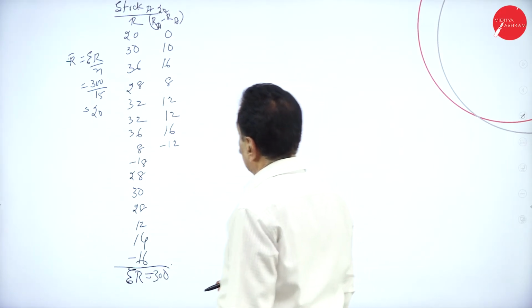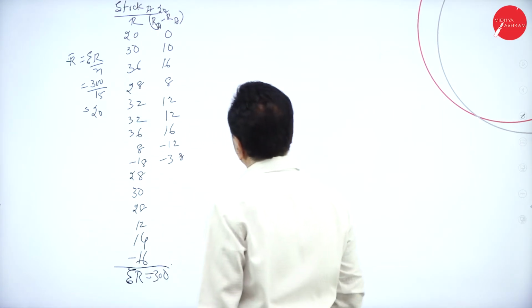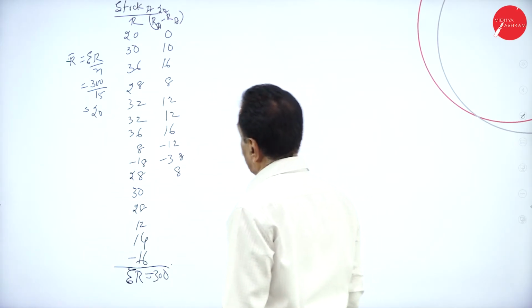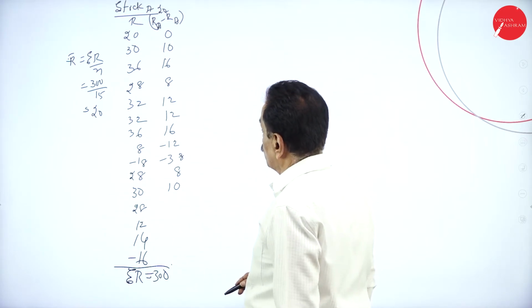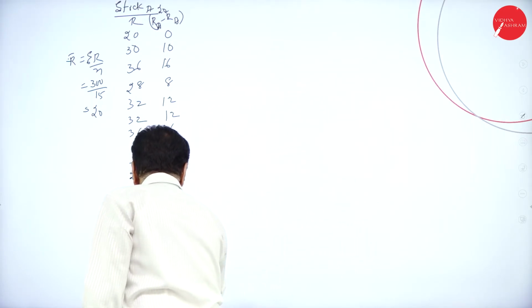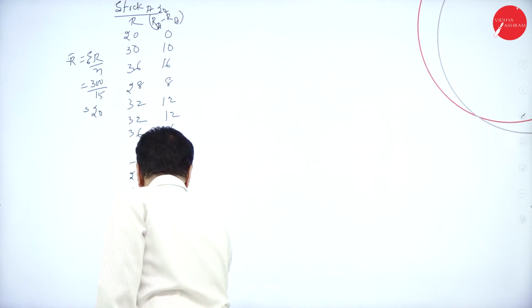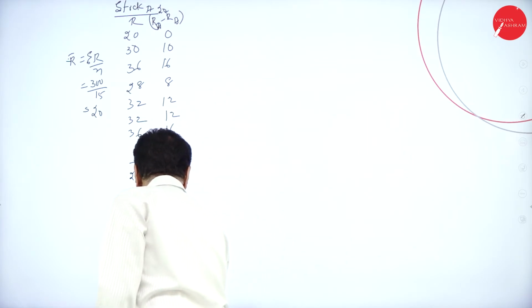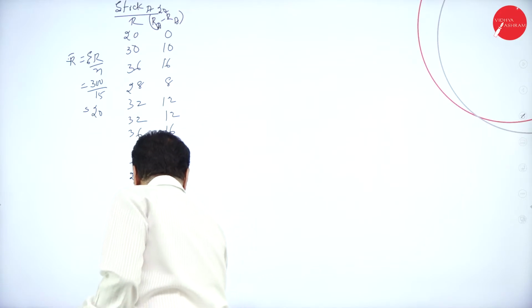Minus 18 minus 20 is minus 38. 28 minus 20 is 8. 30 minus 20 is 10. 28 minus 20 is 8. 12 minus 20 is minus 8. 14 minus 20 is minus 6. Minus 16 minus 20 is minus 36.